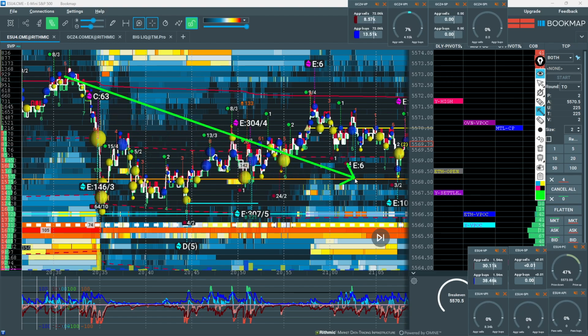Another criterion I like to look for is somewhat of a floor pivot or a Camarilla pivot level. We don't have any of those, right? In this setup here, we don't have any Camarilla or floor pivot levels. What we do have though, which is significant, is yesterday's VPOC.